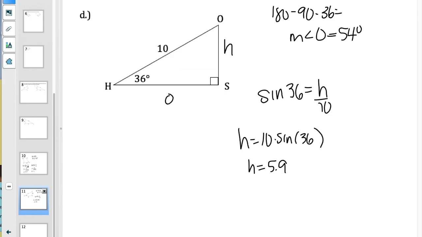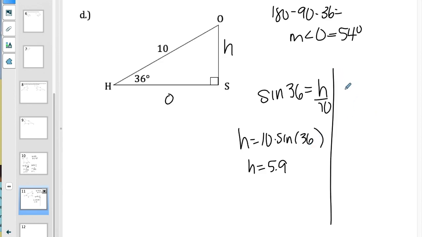And then to find the last side here, side O, using the 36 and the 10, that was going to be cosine. I confused myself because that's side O, and I was thinking opposite. I've already used sine, so maybe I should have used different letters besides S, O, and H to label that triangle, since that is our acronym for SOHCAHTOA.